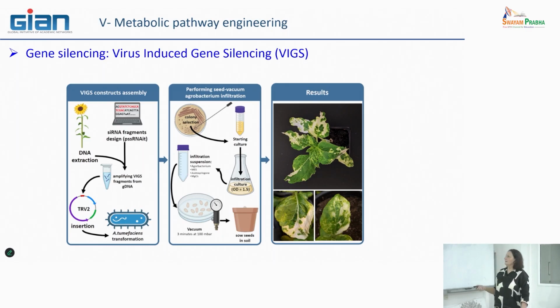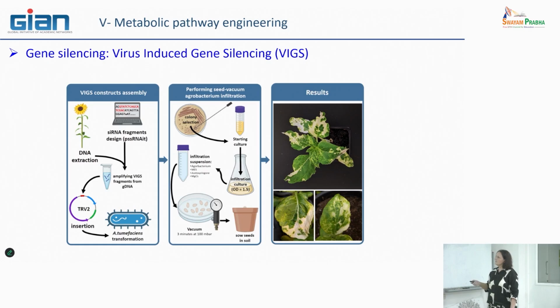Okay. And after that, you can infiltrate Agrobacteria in the plant by vacuum system. I showed you yesterday too. And what you can observe in 2 or 3 days is that, where the Agrobacterium have been applied, you have some symptoms, and in the new leaves of the plant you may also have this type of symptom.